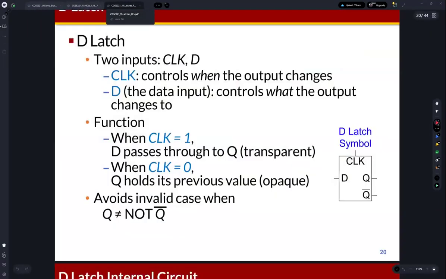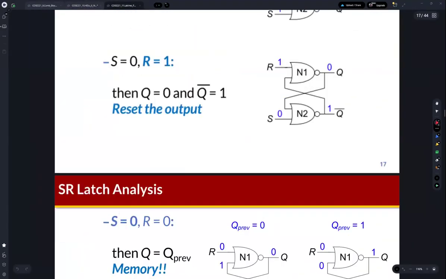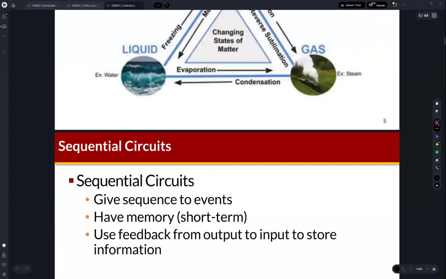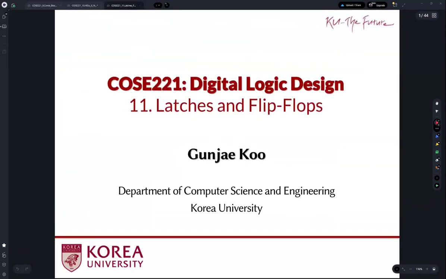Okay, so let's go to a new topic: sequential logic. At this point, we learned about combinational logic. So what is the definition of combinational logic?